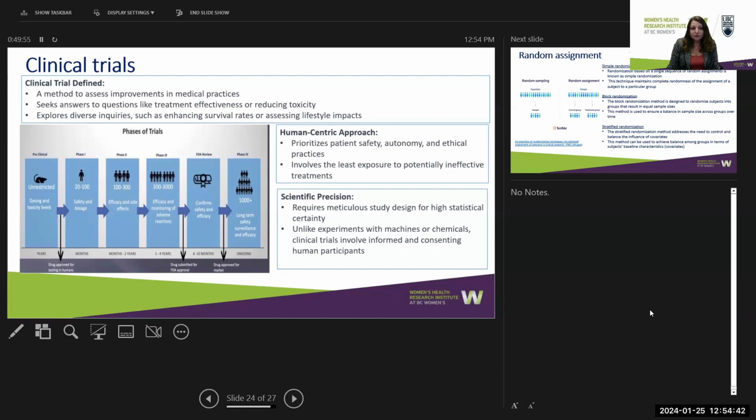After that, efficacy and side effects. And at phase 3, we go to efficacy and monitoring of adverse reactions. And after that, when we go to FDA review or other regulatory body review, we confirm the safety and efficacy. And after that, usually on a population level, we look at long-term safety, surveillance, and efficacy.